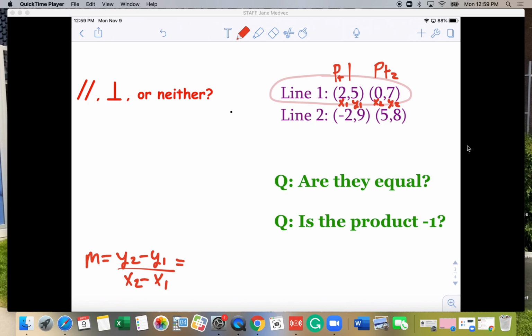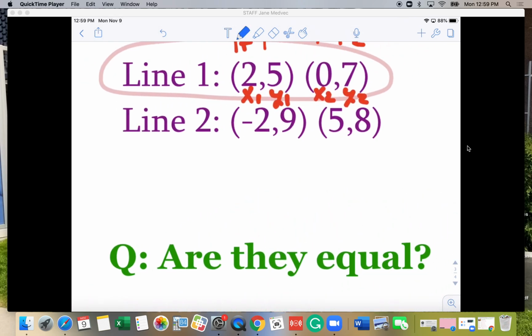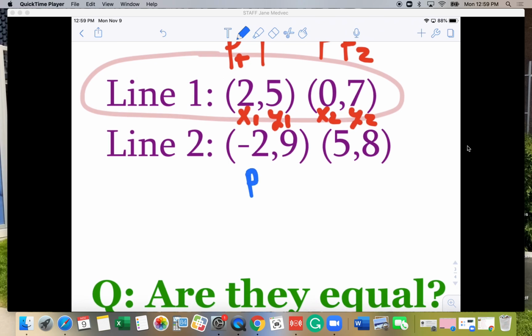So I'm going to take this then and I'm going to put it in there. My y2 was 7 minus y1, which is 5. I'm going to take my x2, which is 0, and I'm going to subtract my x1, which is 2. So I end up with 2 over negative 2, which is negative 1. I'm going to reduce it, or negative 1 over 1. Now what I'm going to do is take this line 2, and this again is point 1, point 2, x1, y1, x2, y2.